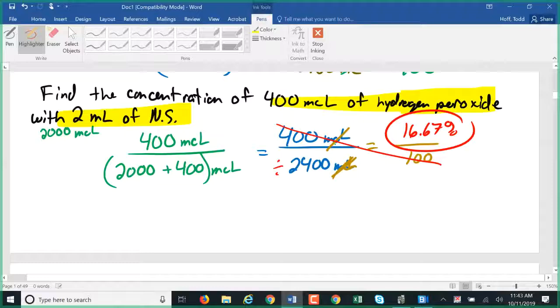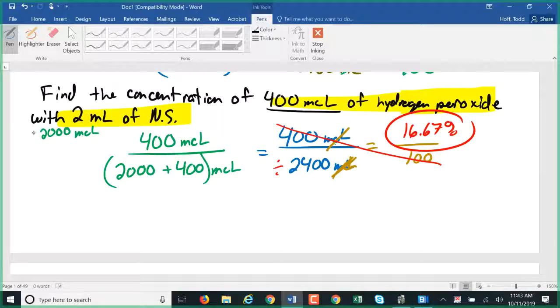I was very careful here to choose substances that mix with saline. Hydrogen peroxide and urine both mix with saline. They're what we call additive. When you add 400 microliters of one to 2,000 microliters of the other, you do truly get 2,400 microliters.